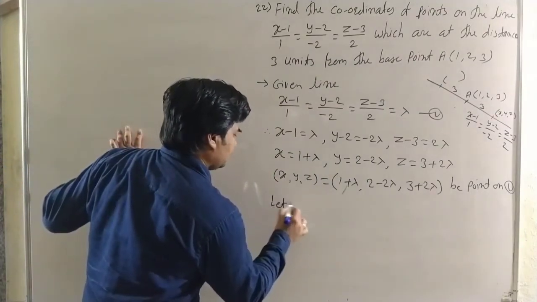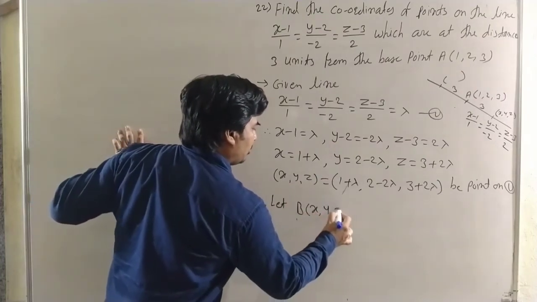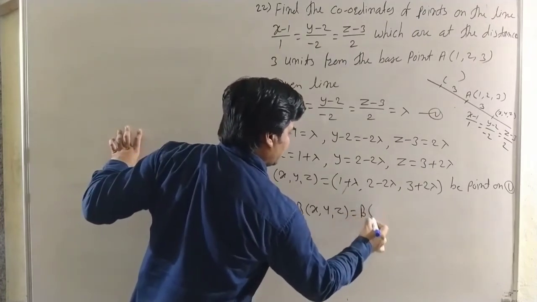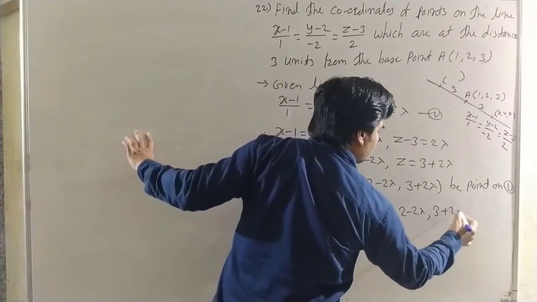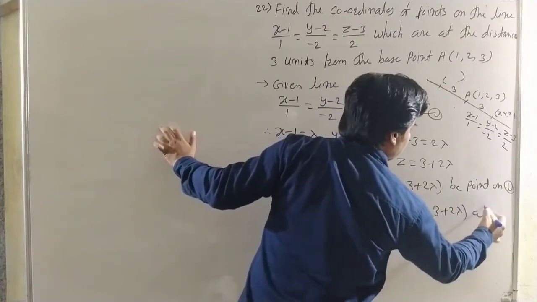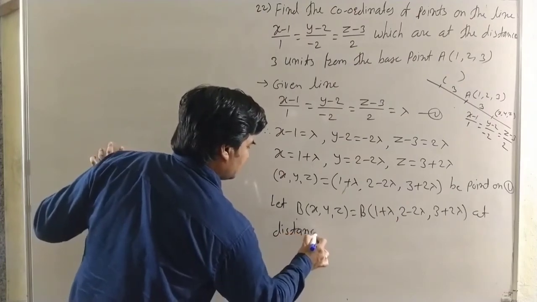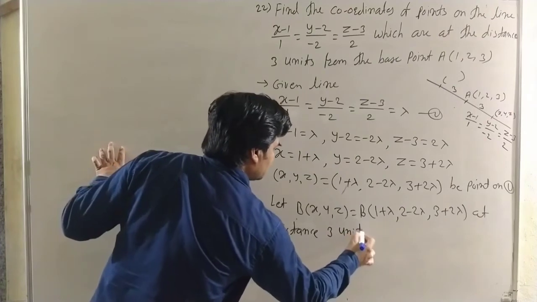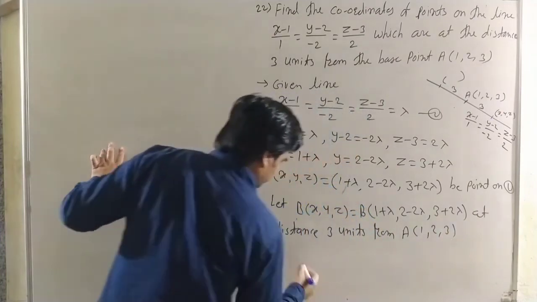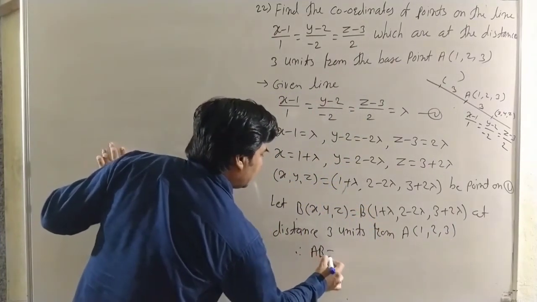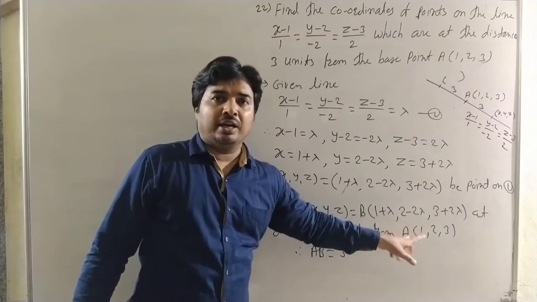Let it be B. The coordinates of B are 1 plus lambda, 2 minus 2 lambda, and 3 plus 2 lambda, at a distance of three units from A(1, 2, 3). Therefore, length AB is equal to 3.